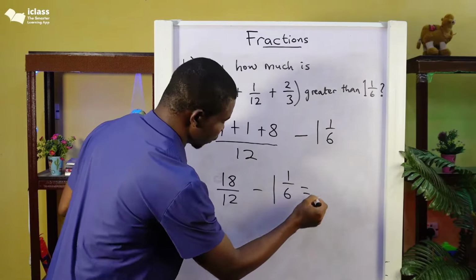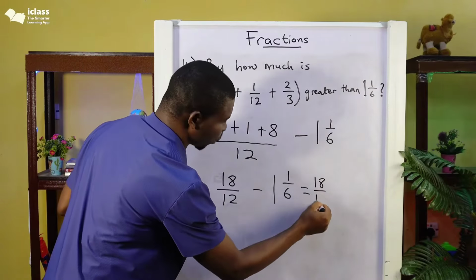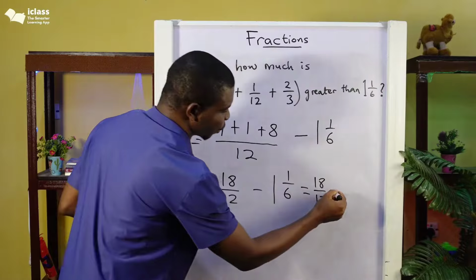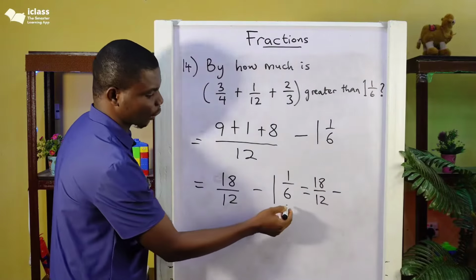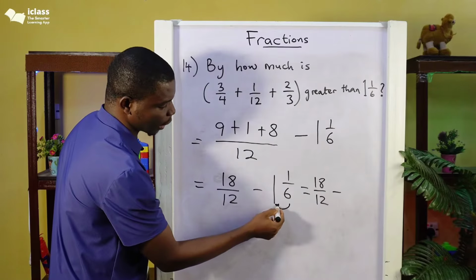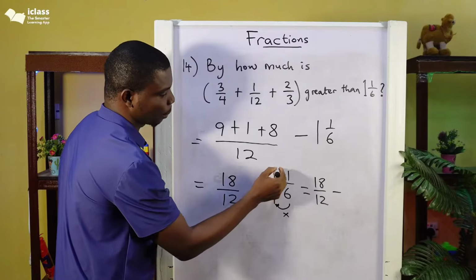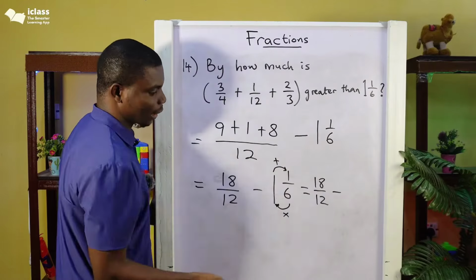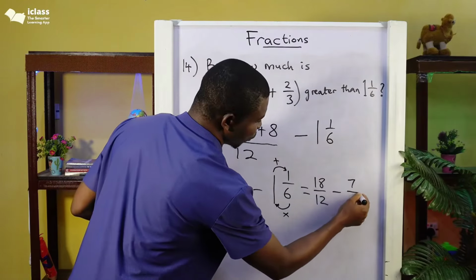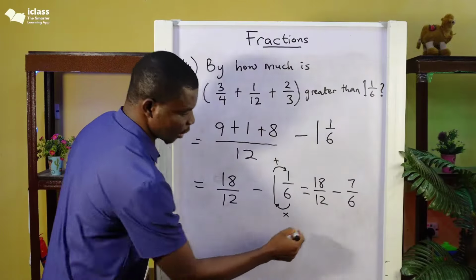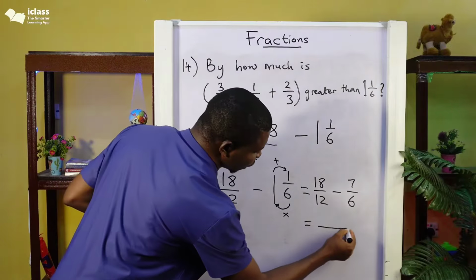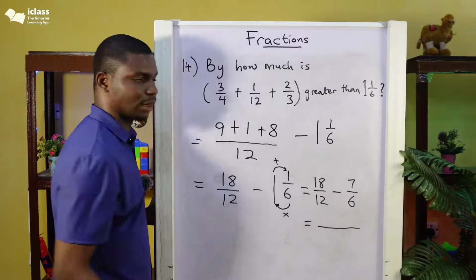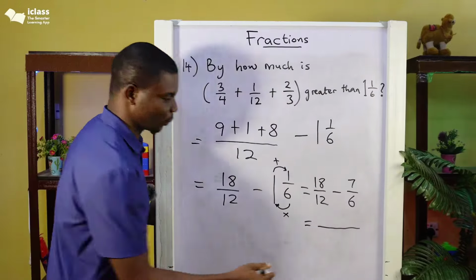So what would this give us? This is 18 over 12 already. Then minus, I'm changing it to an improper fraction. 6 times 1 is 6, plus 1 is 7. So we have 7 over 6. All right, here we'll look for the LCM of 12 and 6. That will give us 12.